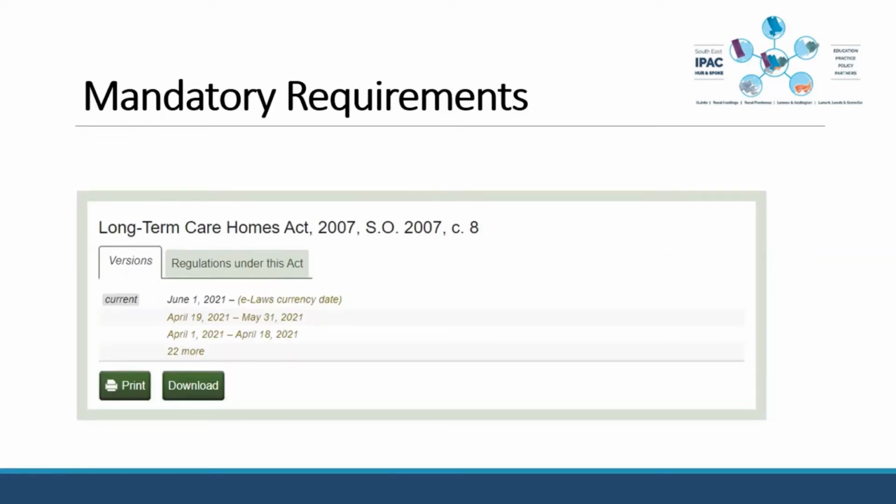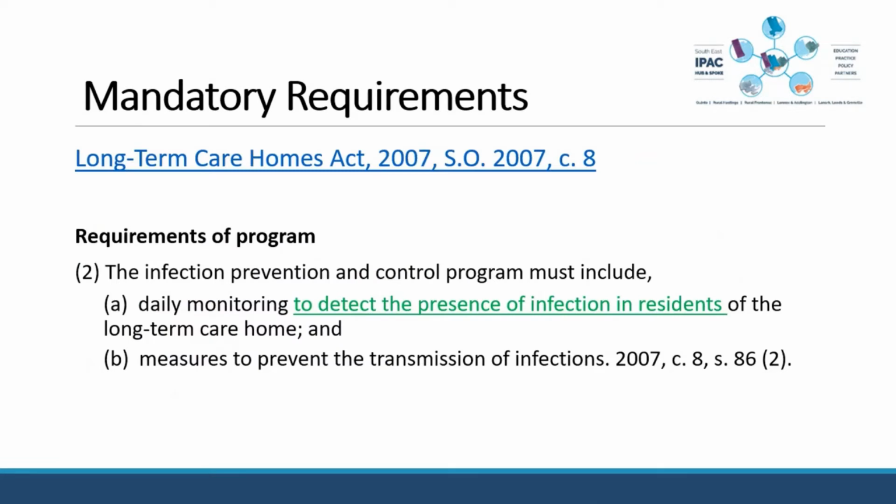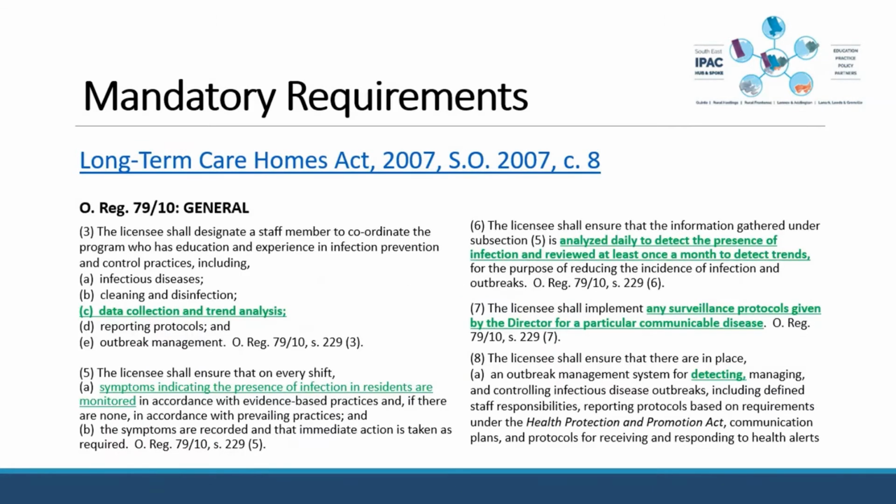Next slide. So there are some mandatory requirements for surveillance in long-term care homes. We won't go into specific detail about these, but there is a requirement to detect the presence of infection in residents, and also the requirement to collect data and analyze trends, to survey for symptoms indicating the presence of infection, and to have those symptoms be monitored.